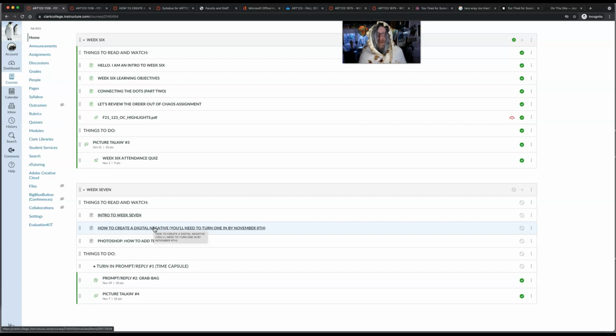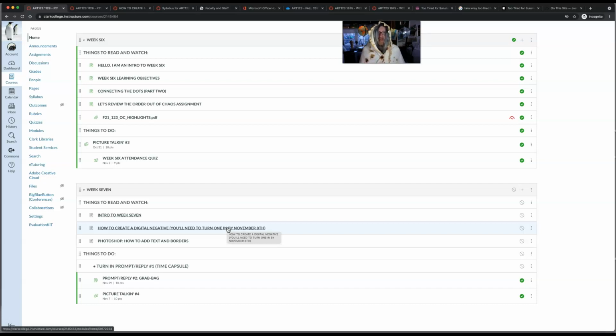But this digital negative, now note, you need to complete this and have it turned in by the 8th. The reason the 8th is because I need to then gather them, assemble them, go through them, make sure they're all done right, possibly tweak them a little bit to make them a little better. And then I give those to Ian, our lab tech, and Ian then prints a negative for you.